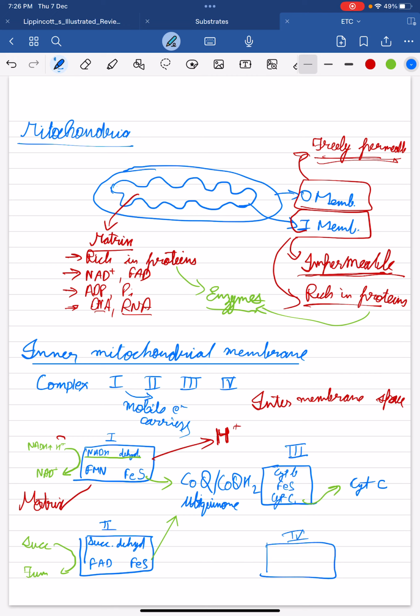Now this complex 4 has a copper center, cytochrome A, another copper center, and cytochrome A3.